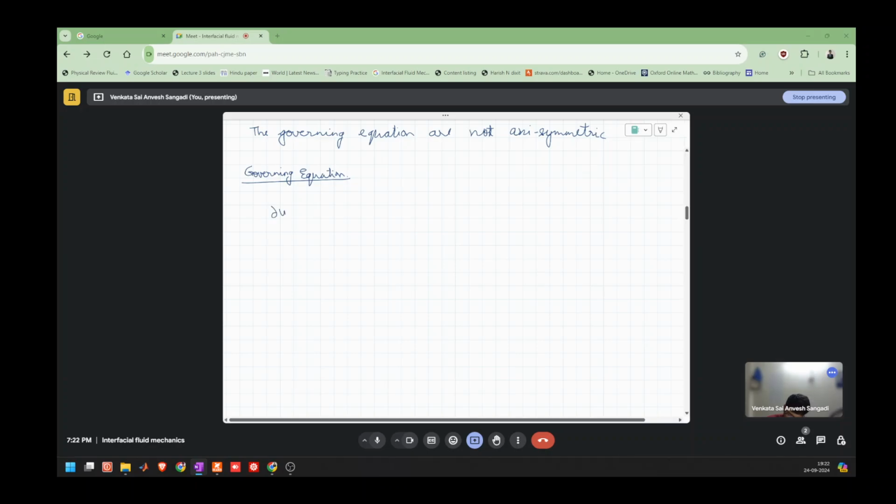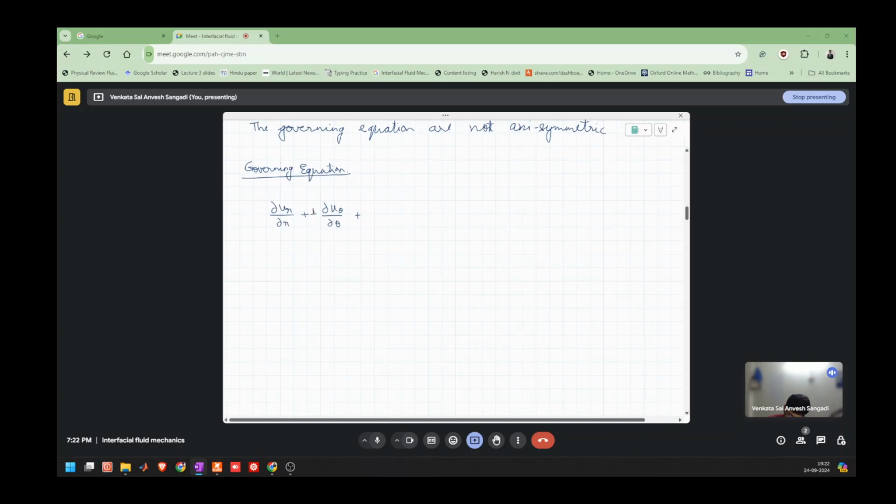the continuity equation: del u r by del r plus del u theta by del theta times 1 by r, plus del u z by del z plus u r by r equals 0.